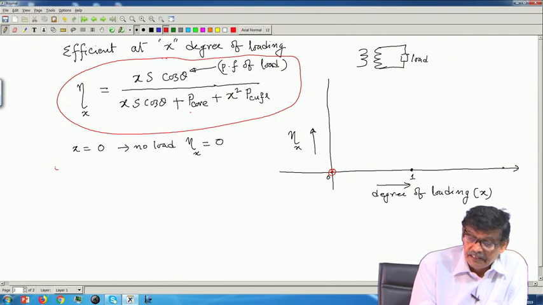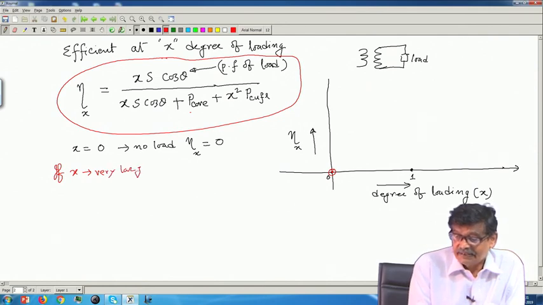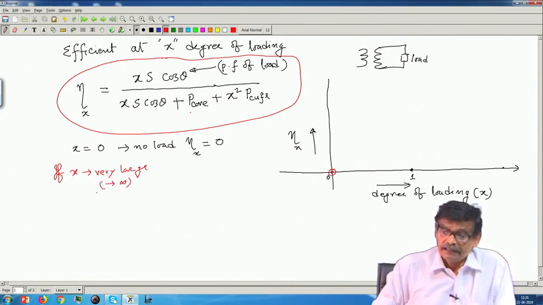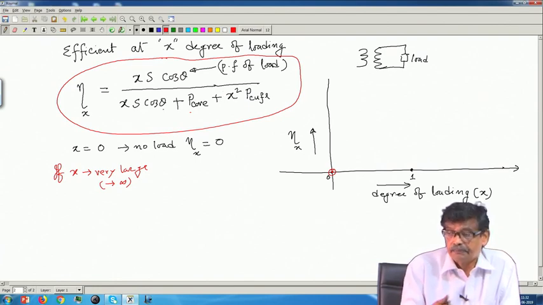If x tends to very large, going to infinity, what will happen to this efficiency term? See, there is the x squared term below, so it will prevail over all the other x terms.